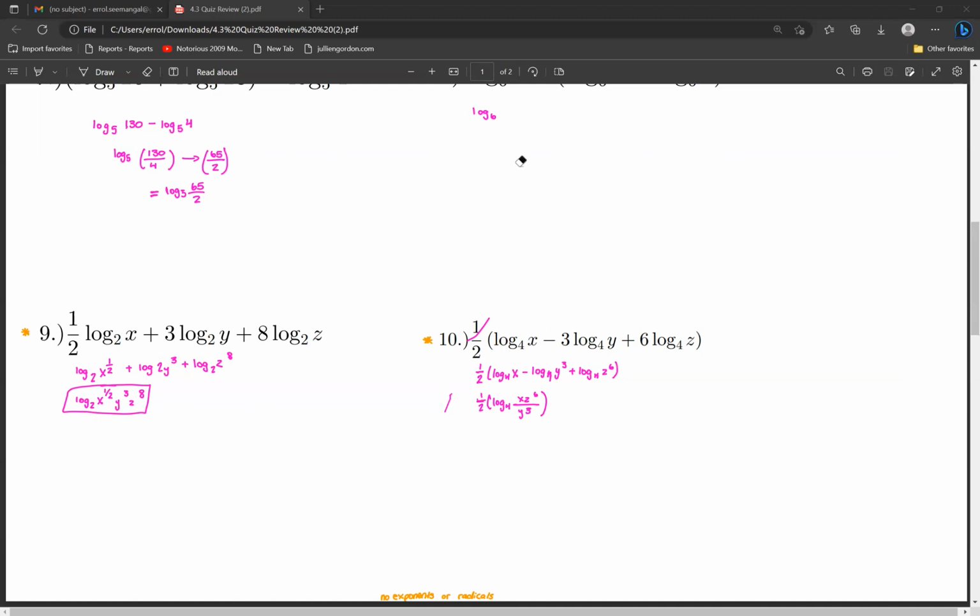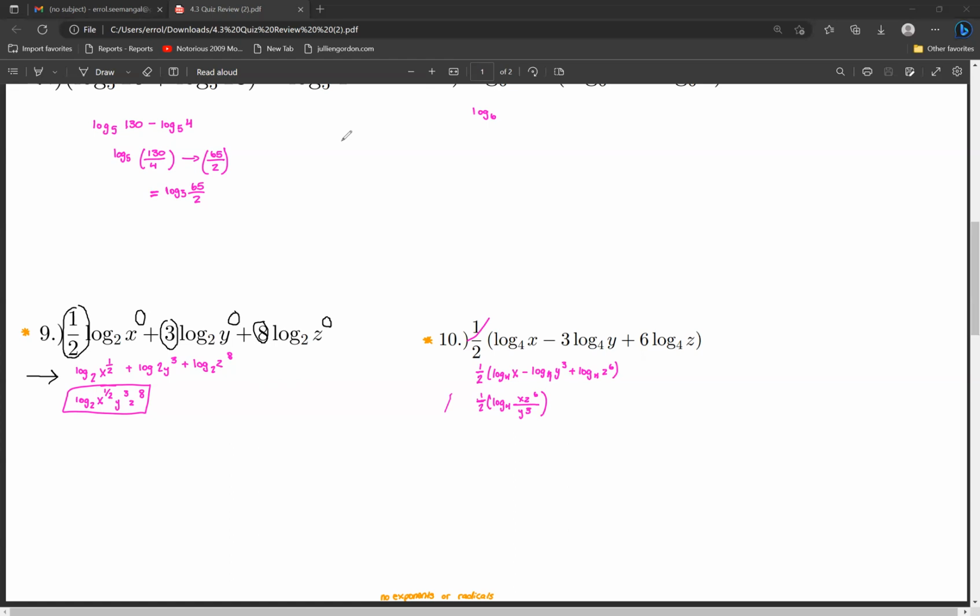Could we actually just go through these two from scratch? 9 and 10, yeah. Okay, so for this line right here, all they did was take this half and put it right above the x, take this 3 and raise it there, take this 8 and raise it there, which is this second line.